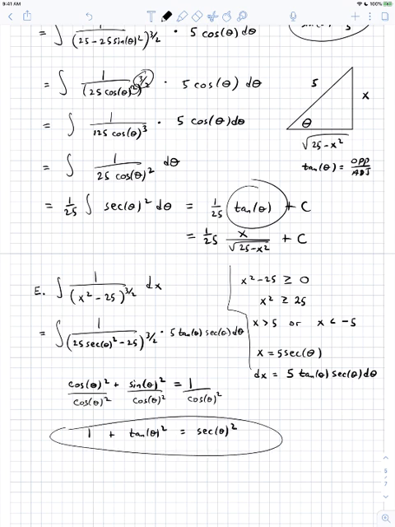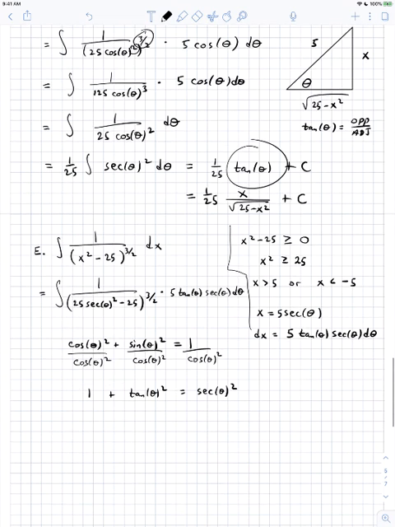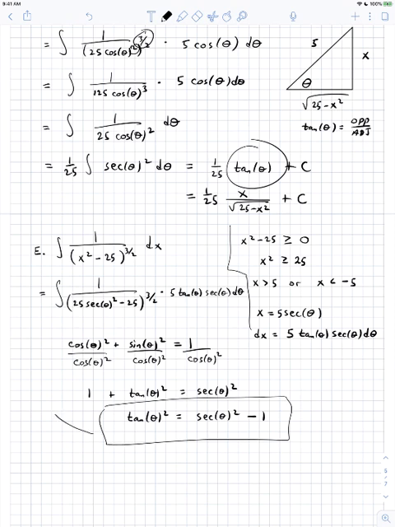And that's our alternate form. Now the way that we're going to use it here is actually by subtracting that 1 away. So you have tangent of theta squared is equal to secant theta squared minus 1. And that's the form that we want to use right here.